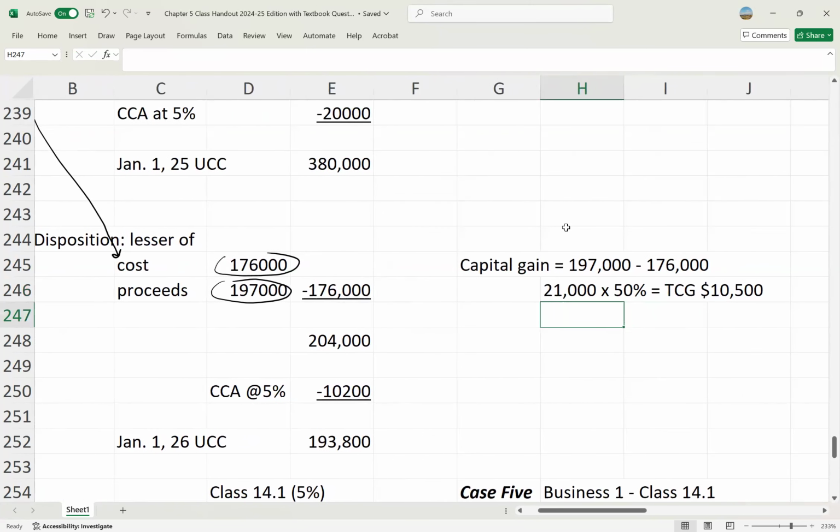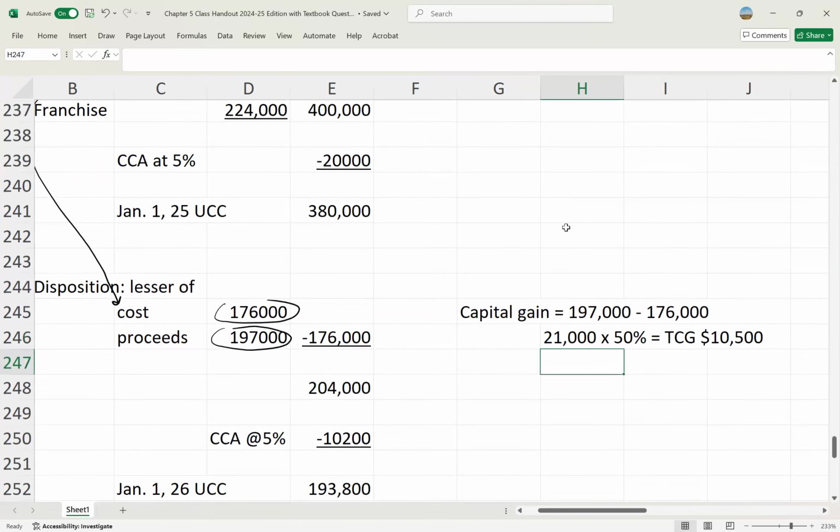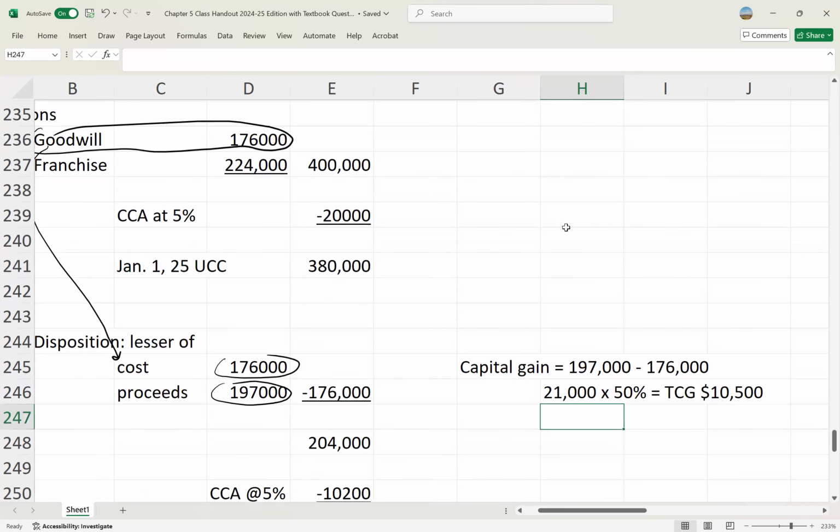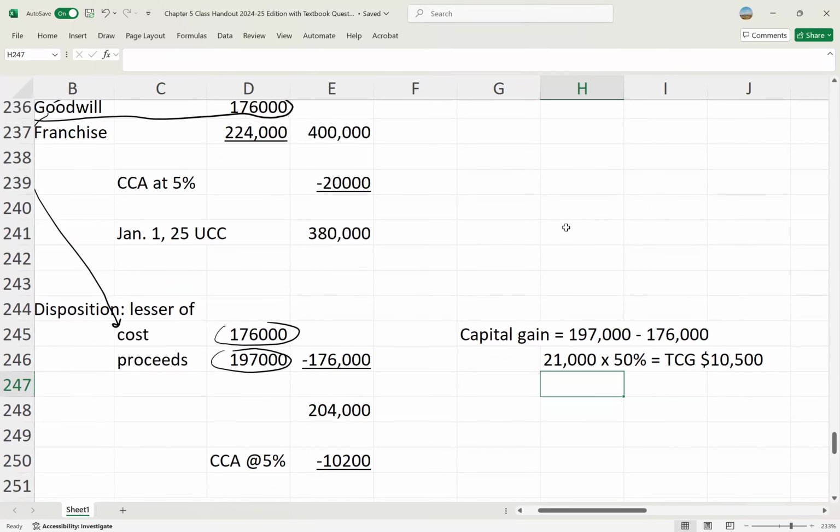So this is where we're tracking the cost of the goodwill. The goodwill that we bought last year was 176. We sold some goodwill in 2025. And so we're going to subtract the lesser of the cost of the goodwill that we had, which was 176, and the proceeds. So at this point, the cost of the goodwill is going to be 0. We sort of have to track the goodwill cost.